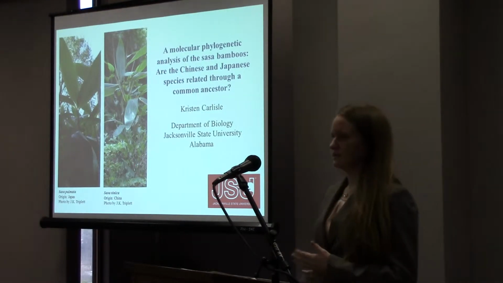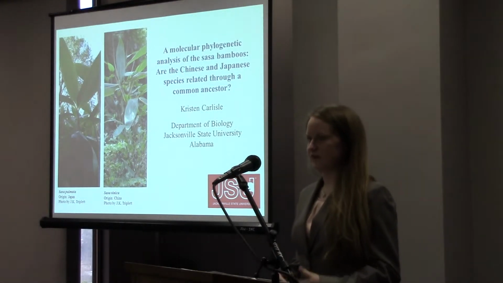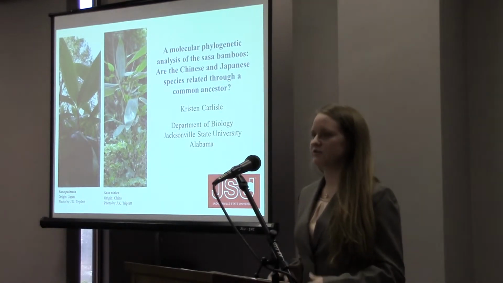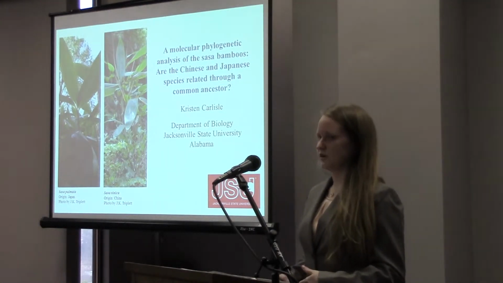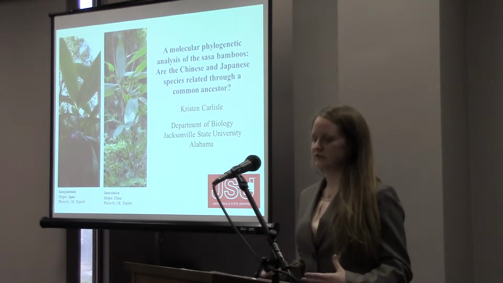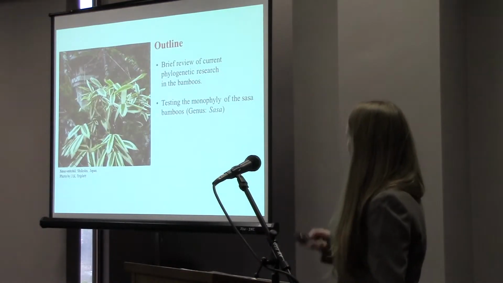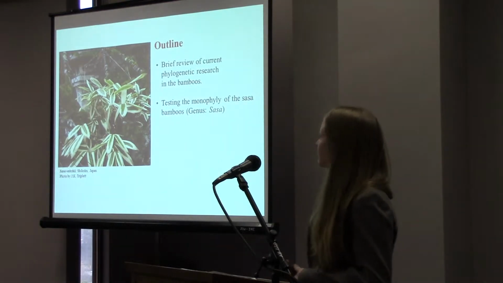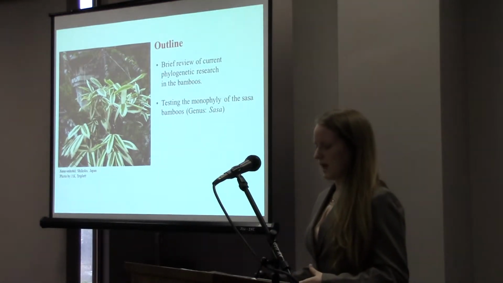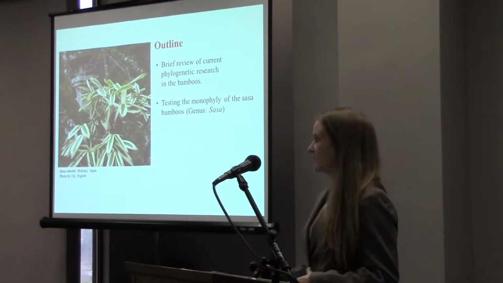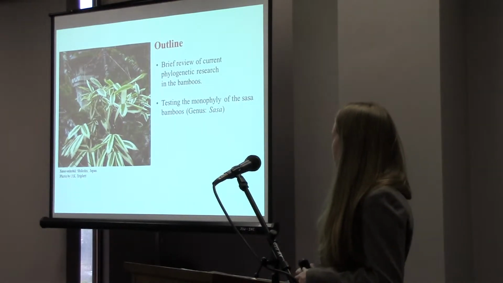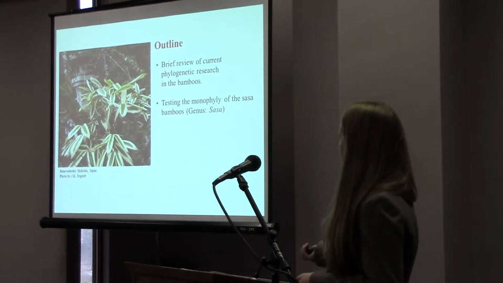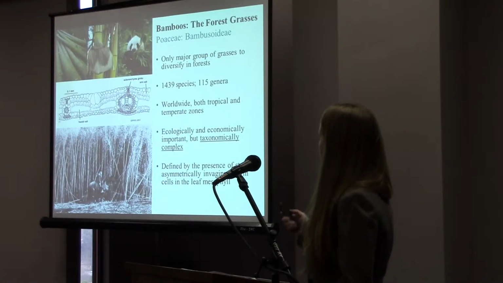The Chinese Sasa was discovered after the Japanese Sasa, and because of the morphological similarities, people just assumed that, hey, this is part of the Sasa genus. So basically, in outline, I'm going to review current phylogenetic research in the bamboos and give you a brief description of the different bamboos, and I'm going to discuss the testing of the monophyly of the Sasa bamboos.